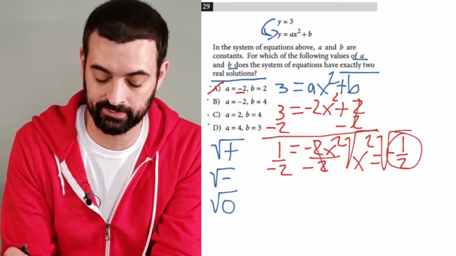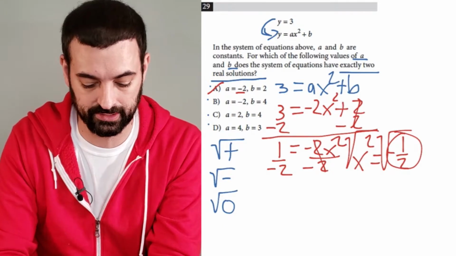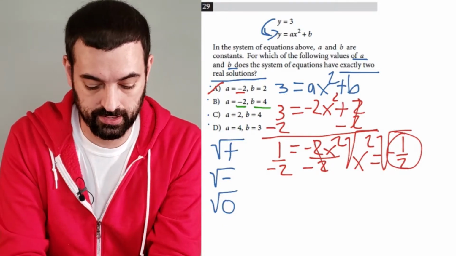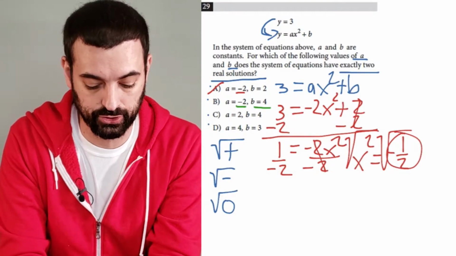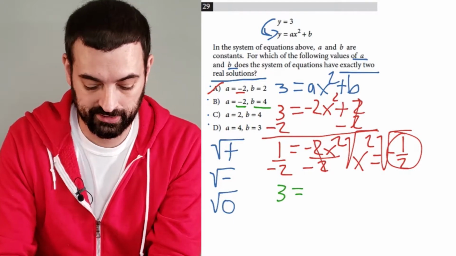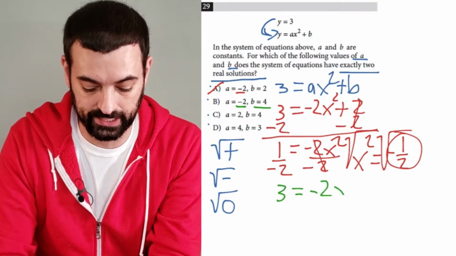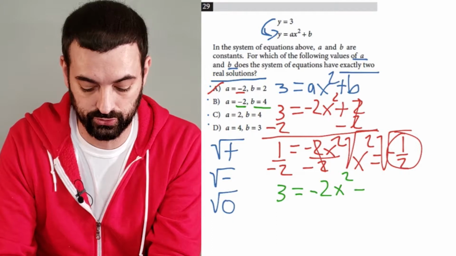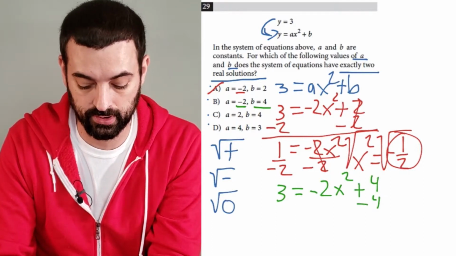Let's try answer choice B. I'm going to switch colors to keep this a little cleaner. They're saying that A is negative 2 and B is 4. So in this case, 3 equals negative 2x squared plus 4.